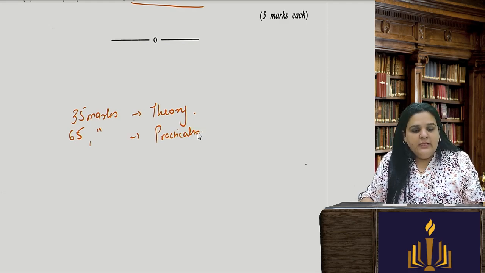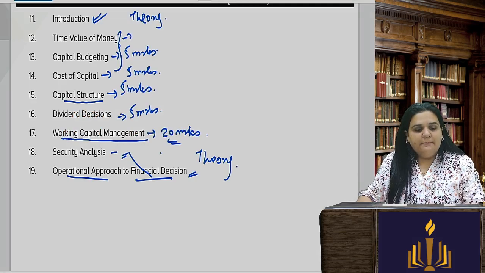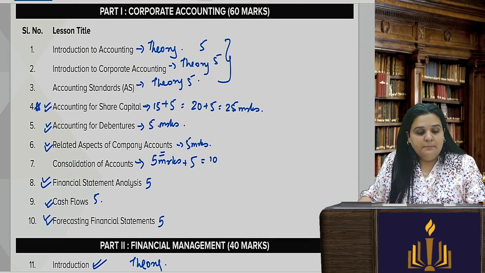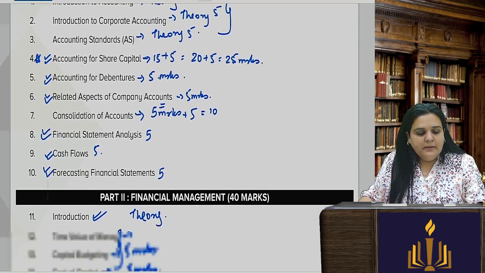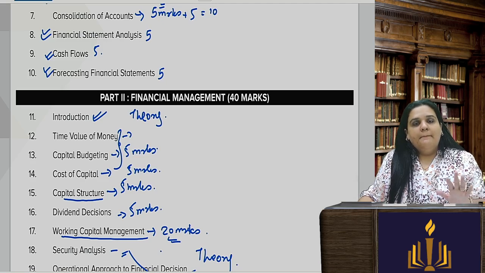So they have asked you everything, from each chapter. However, the most important chapters which they have focused on in part A was accounting for share capital, and in part 2 they have focused on working capital management.